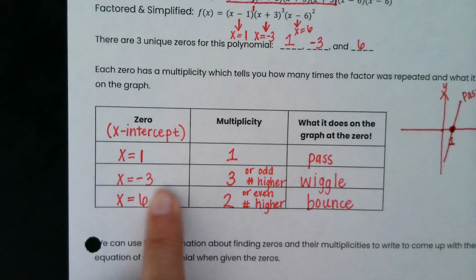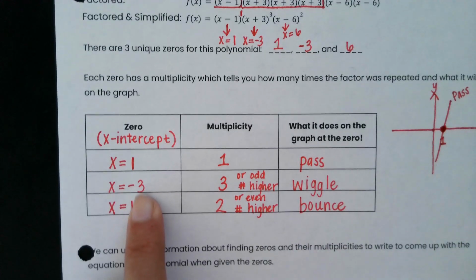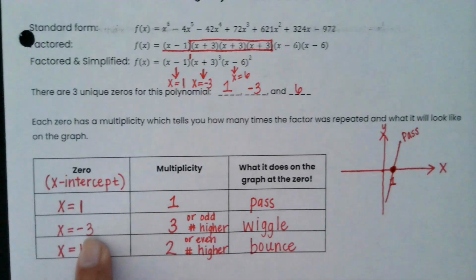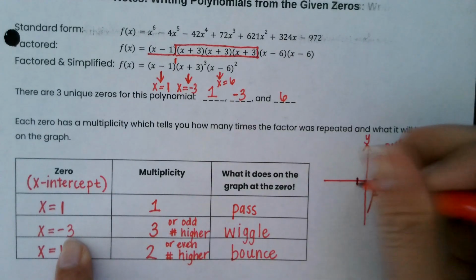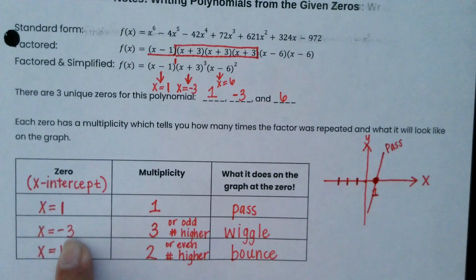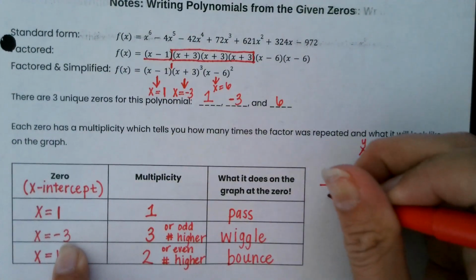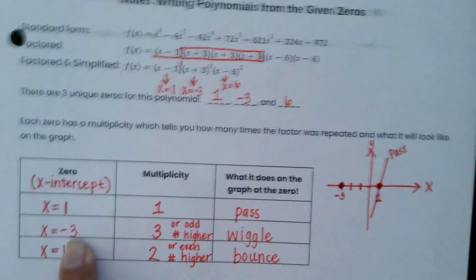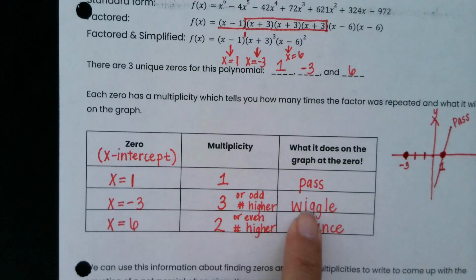Now, I'm also going to have an x-intercept at -3 on the x-axis. So if I go over here, here was 0, let's say this is -1, -2, -3. I'm going to have a point right there at -3. Because it had a multiplicity of 3, it's going to wiggle through that point.